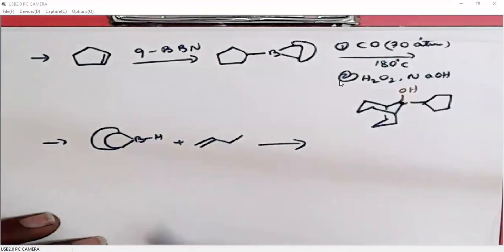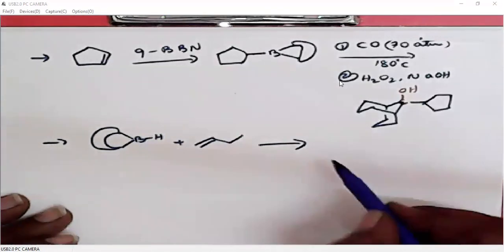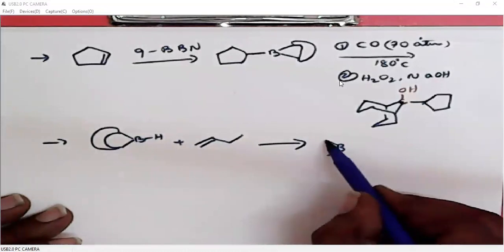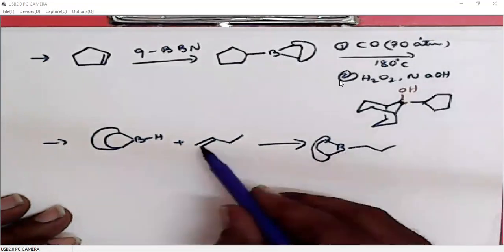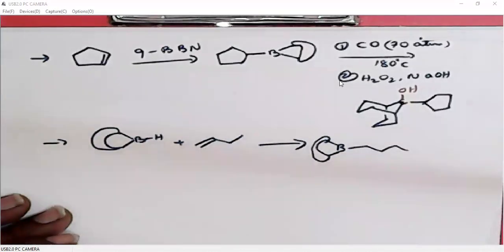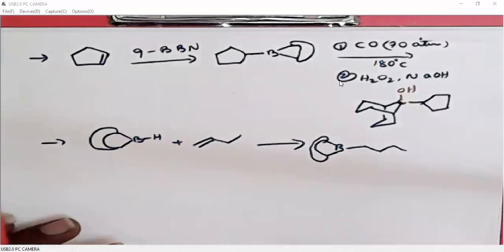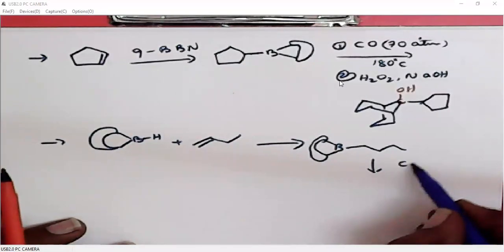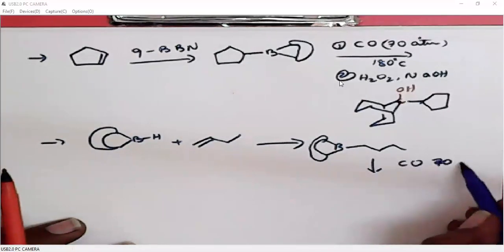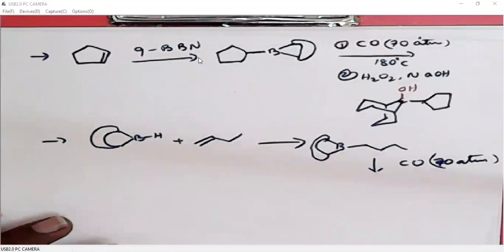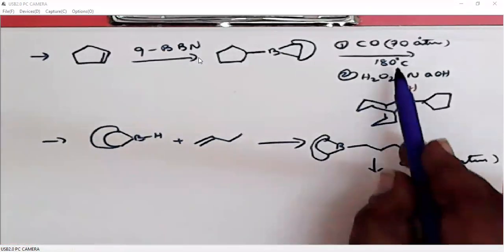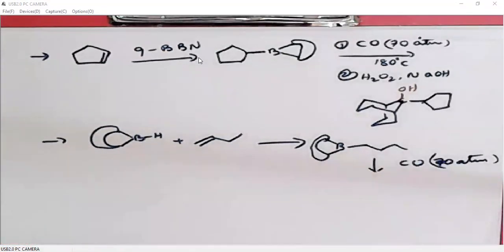When we reduce this alkene, it generates this. Four carbons are there. Then we treat this compound with carbon monoxide at 70 atmospheres. Remember in the previous case I told you that if we don't use high temperatures, two alkyl groups will migrate.